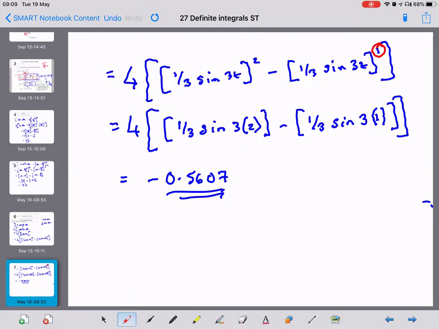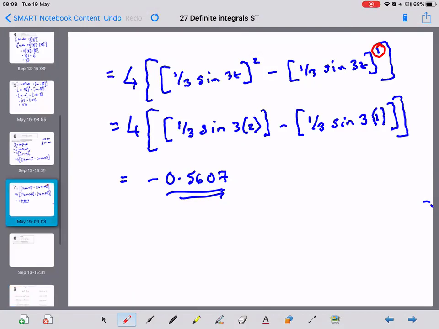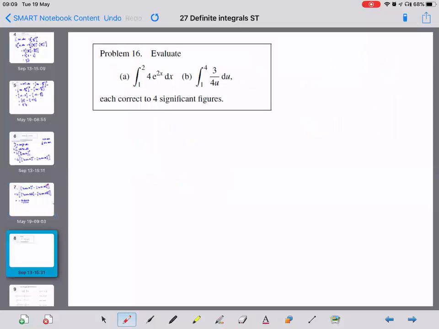Right. Everybody happy to move on? Good. Right. So as you can see, we're just having a look at all the different functions we might come across first, and then I'm going to get you to try some. So we're going to look now at doing the integral between 2 and 1 of 4e to the 2x dx.